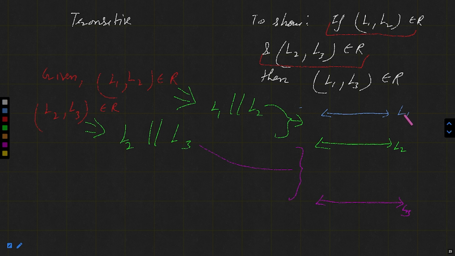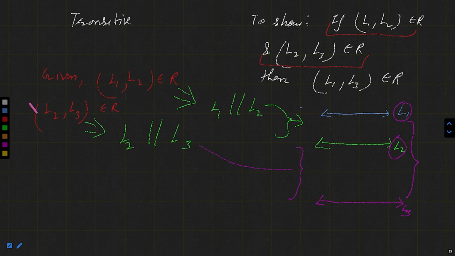So L1 and L2 will not intersect at any point, and L2 and L3 will not cut each other at any point. Then we can directly say that L1 and L3 will not cut each other.